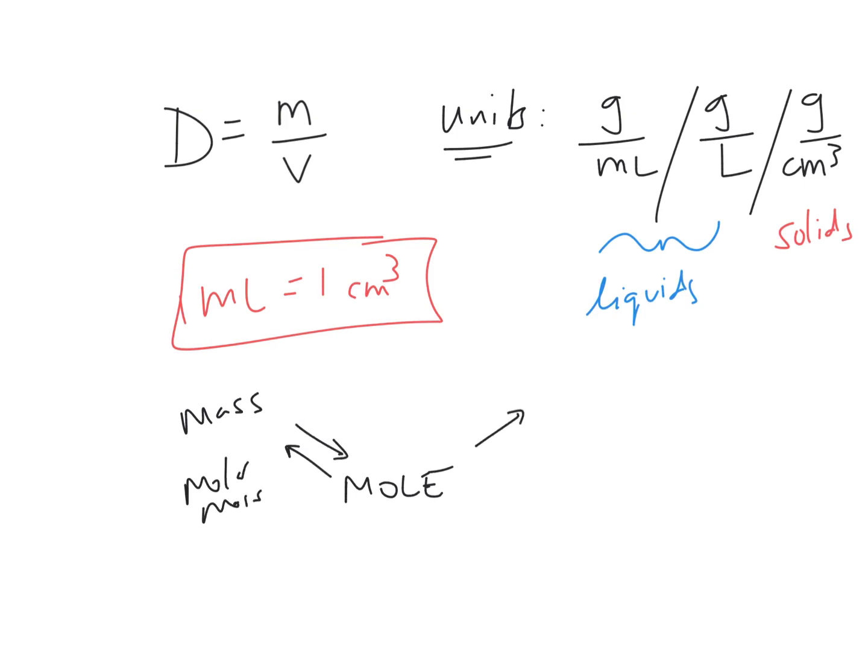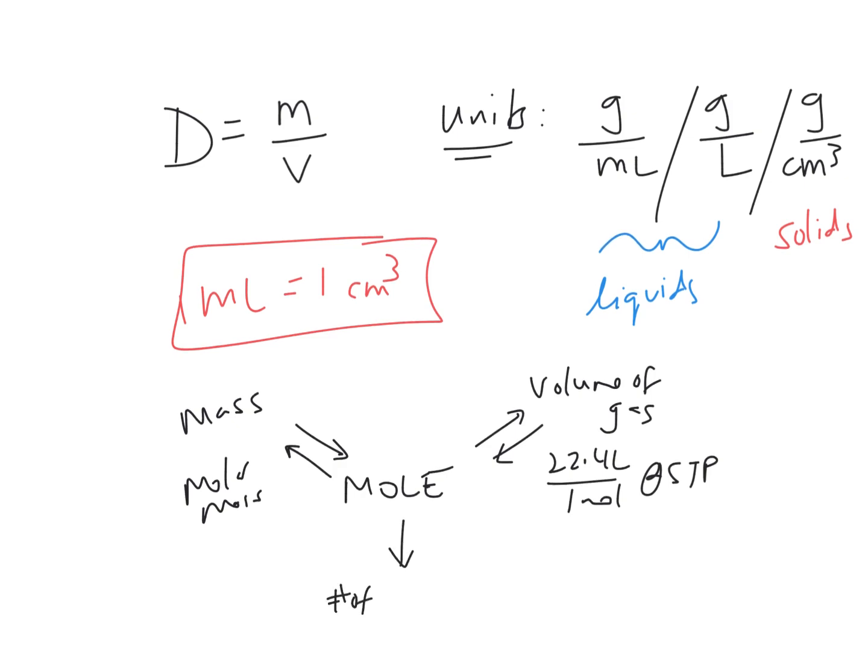We can go from mole to the volume of a gas through Avogadro's law, 22.4 liters per mole at STP. And we can go from a mole to the number of particles, like molecules or atoms, by using Avogadro's constant, 6.02 times 10 to the 23 of anything in a mole.